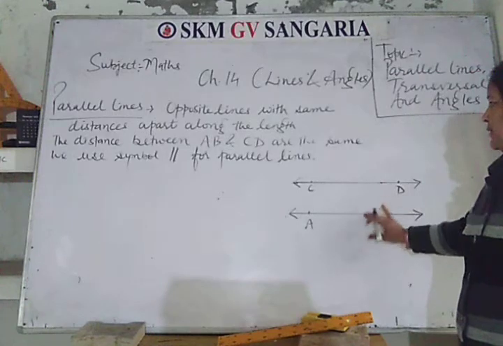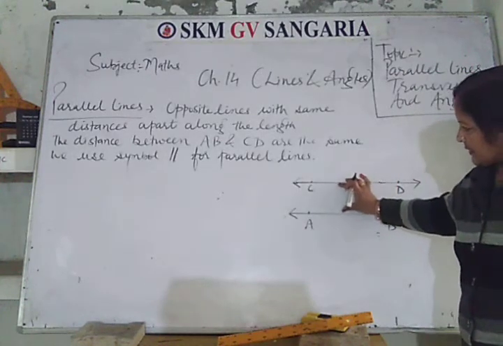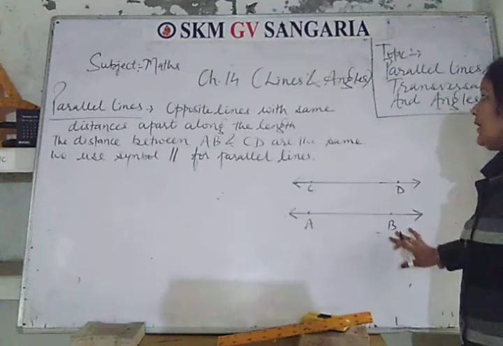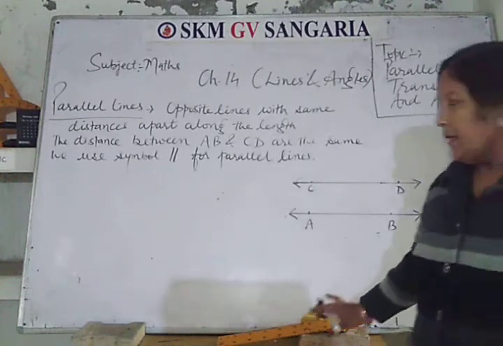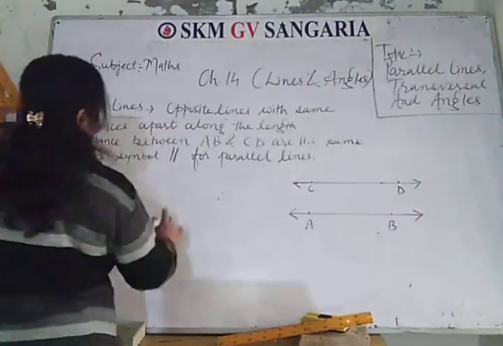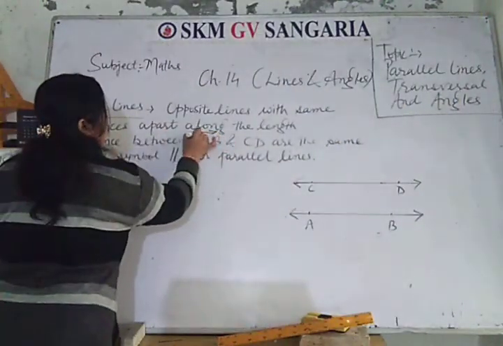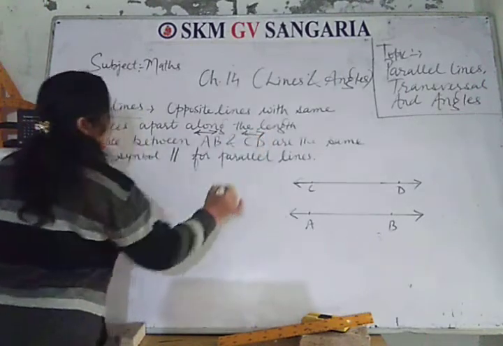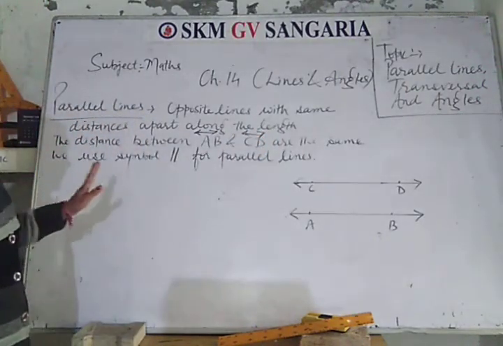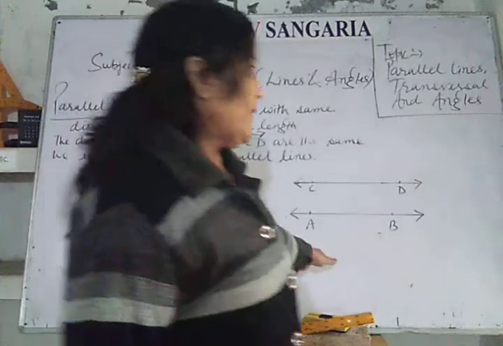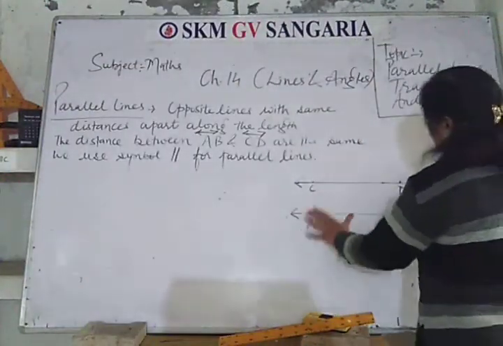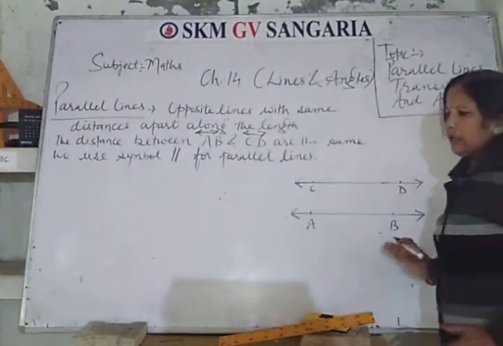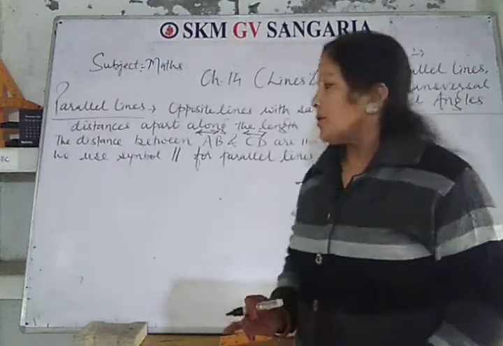The distance between line AB and CD is the same, and both extend endlessly in either direction.